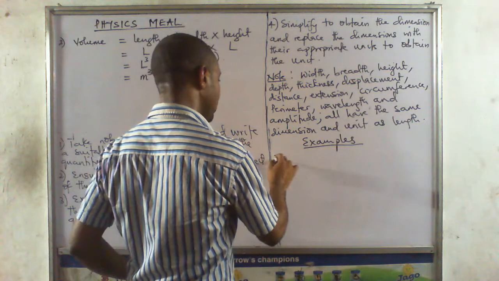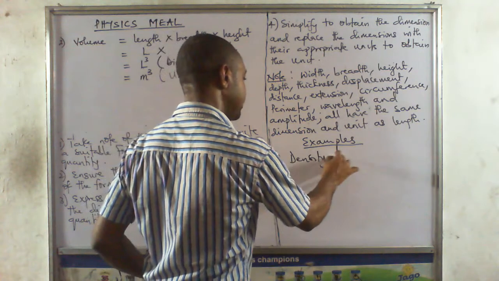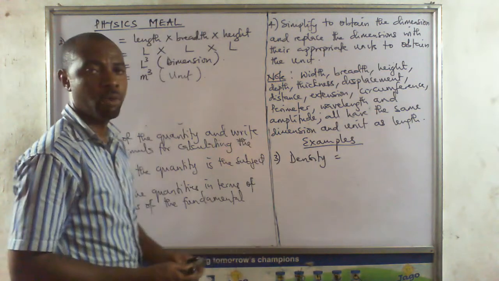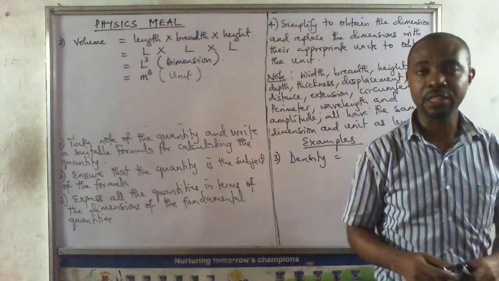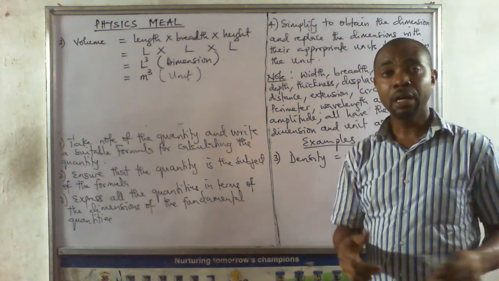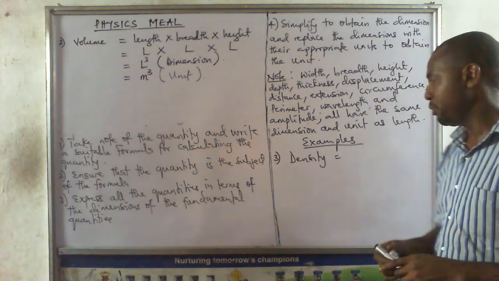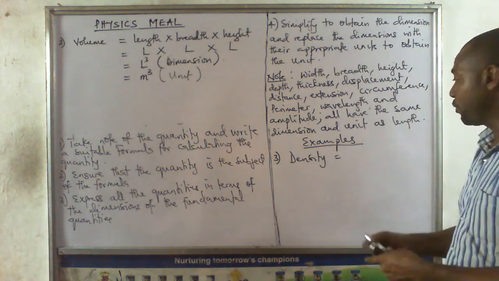Okay, let's quickly look at the third example. I talk about density. Who can remind me the formula of density? Sorry, I don't have a physical class, but you can remind me from your residence. I will hear it anyway in the spirit. So density, what's the formula for density?